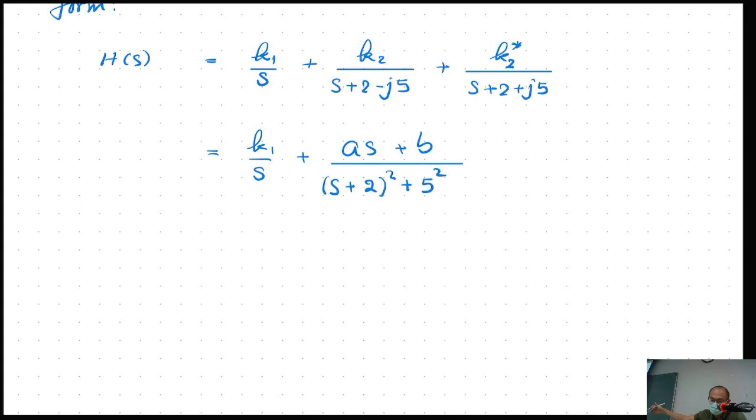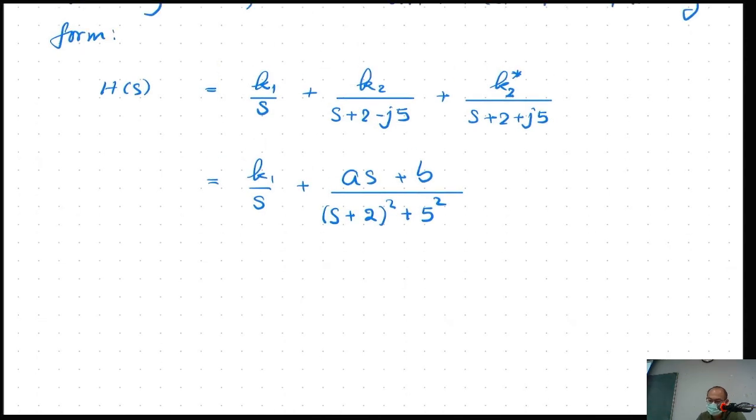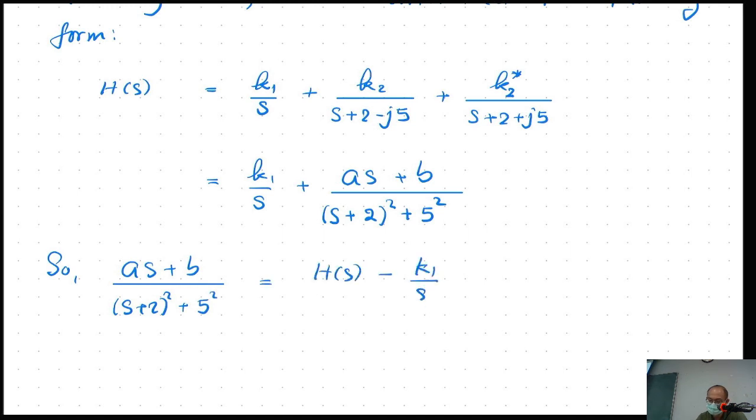We could plug in the H here into the left hand side and subtract k1 over s, right? So as plus b divided by s plus 2 squared plus 5 squared is equal to hs minus k1 over s, right?